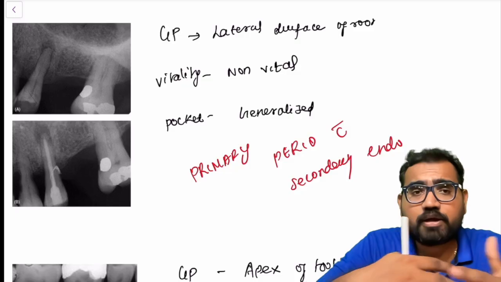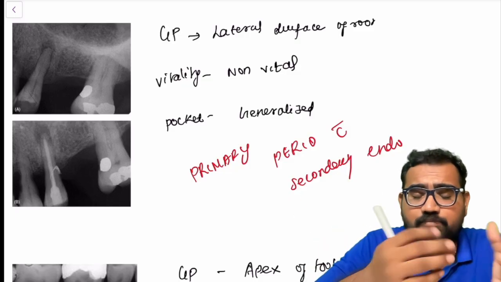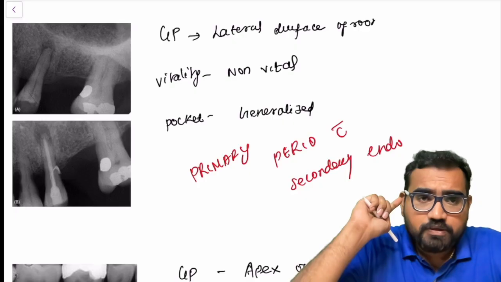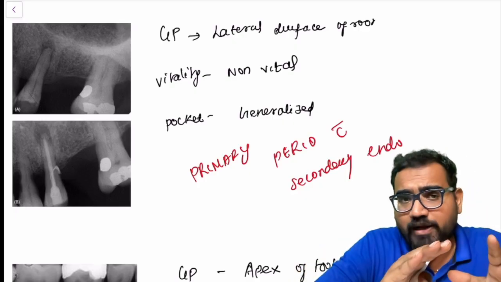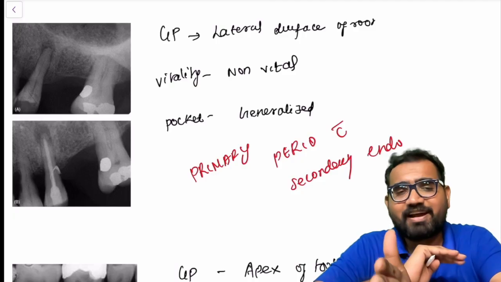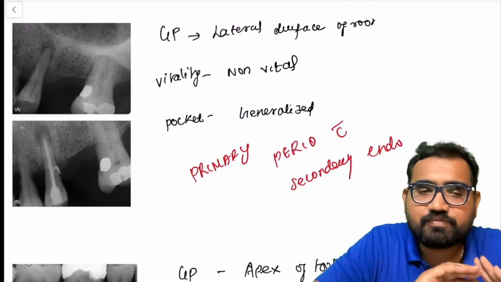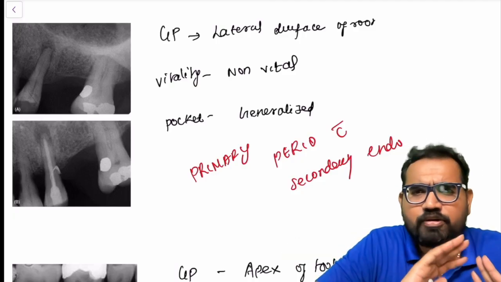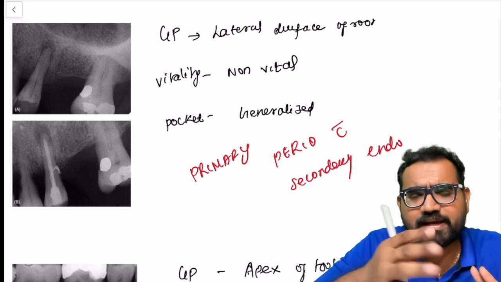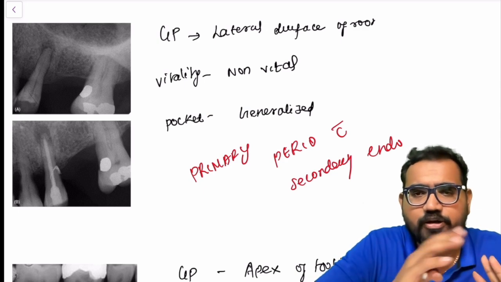I'll go for regenerative procedures like bone grafts and GTR if it can be done. Okay, in this case I'll do scaling, root planing, root canal treatment, evaluate, and definitely this case needs some kind of periodontal surgical involvement, be it a simple open flap debridement or any kind of bone graft if it can be placed.